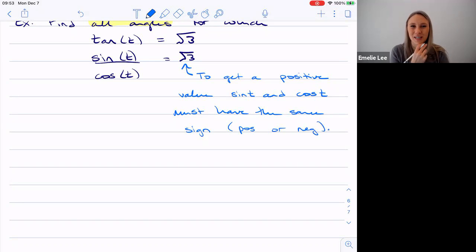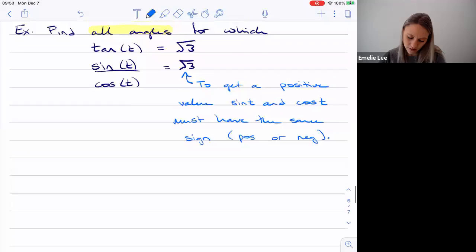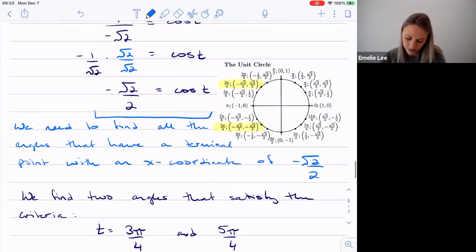Negative over a negative makes a positive, and positive over a positive makes a positive. Okay, so where do I have values of the same sign? Well, here in quadrant 1, they're both positive, and here in quadrant 3, they're both negative.